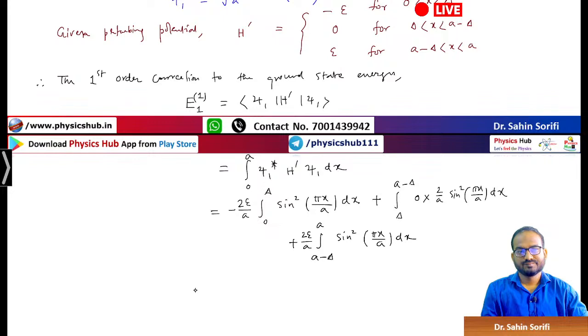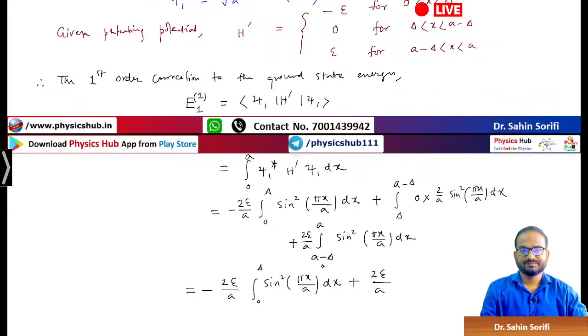So you can write minus 2 epsilon by A, integral from 0 to delta of sin square pi x by A dx, plus 2 epsilon by A. If you change the variable, A minus delta to A becomes 0 to delta of sin square pi y by A dy.